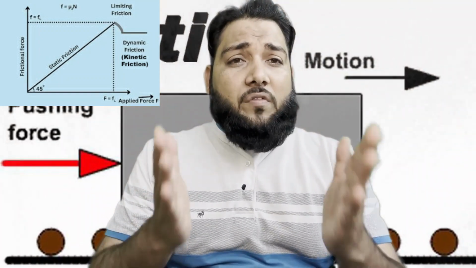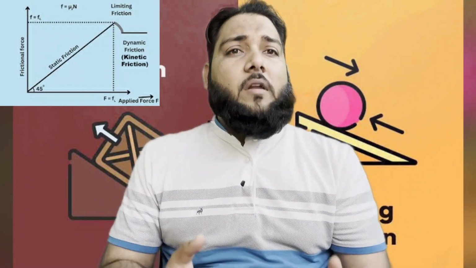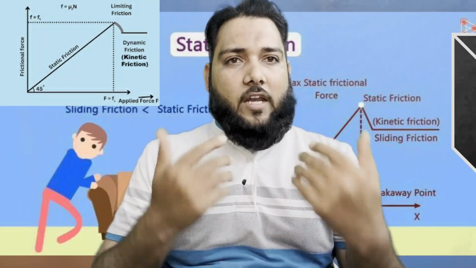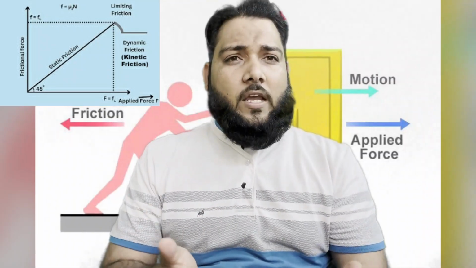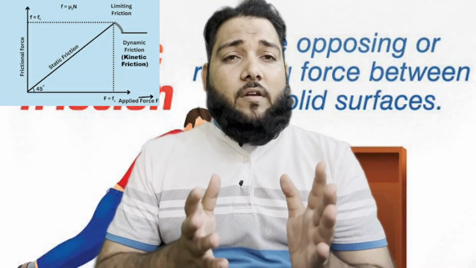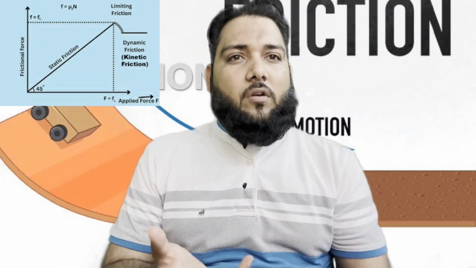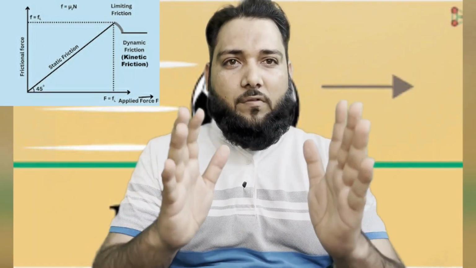Now the limiting friction depends on the friction coefficient, which means the roughness of the surface, and the normal reaction exerted by the other body or surface. So F limiting is mu s into N, the maximum value of static friction, which is called limiting friction.